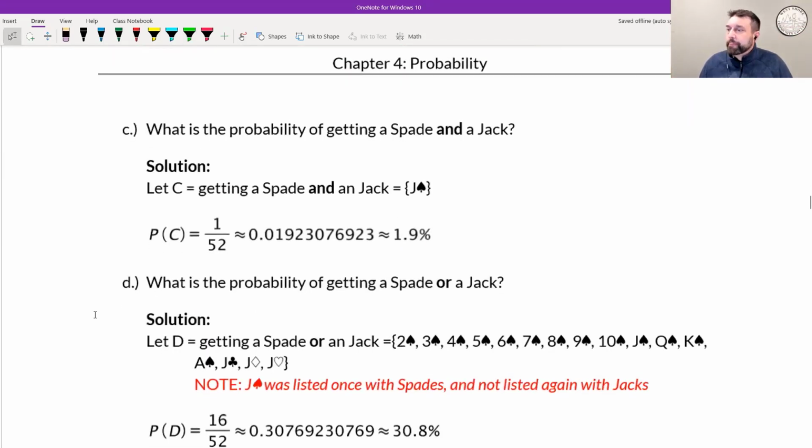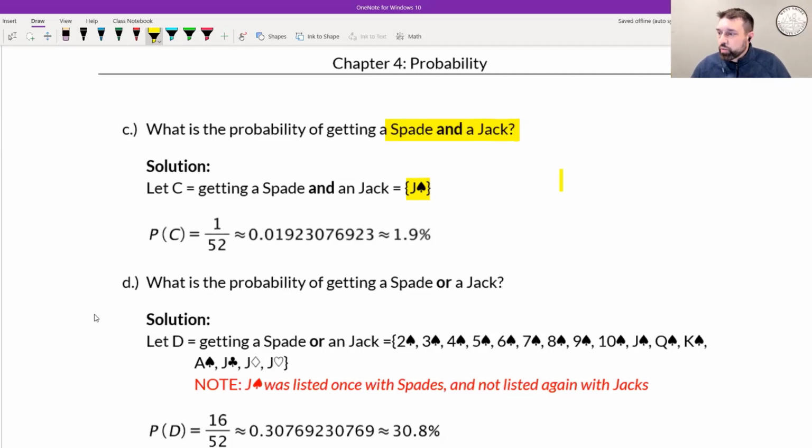Let's keep going. What's the probability that you reach into the deck and you draw out a spade and a jack? A spade and a jack. So how many cards in the deck satisfy this condition? There's only one, the Jack of Spades. This is the only card that is both a spade and a jack.